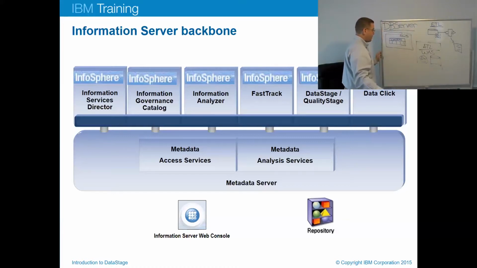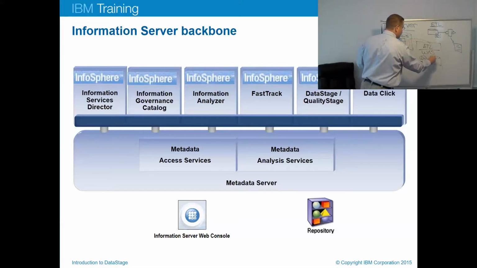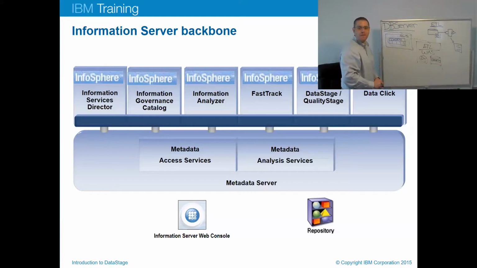So what happens here is when John's getting ready to build that ETL job, he wants to grab this table definition. Think of it like the DDL language for the table. And he's going to import that into here. So now what we have is the definition of the sales table. Then, when John builds his job, he says, okay, this database is based off of the sales table.